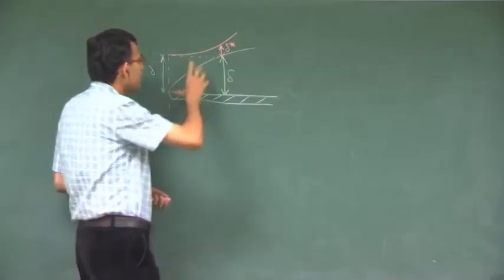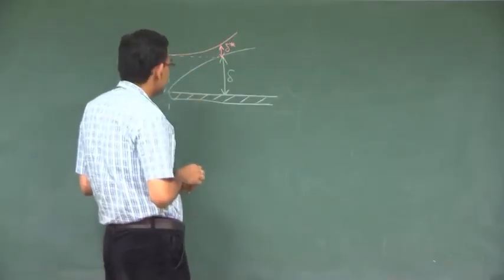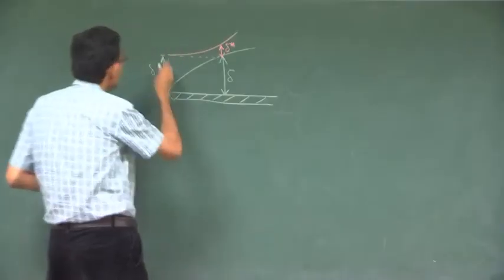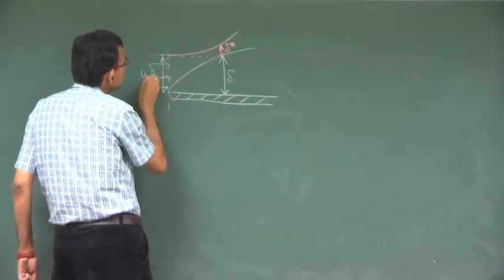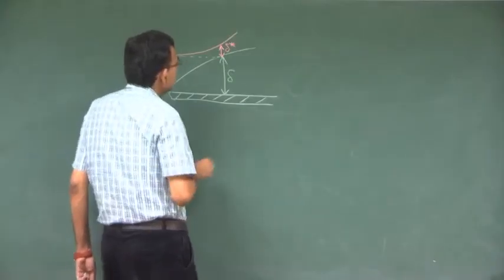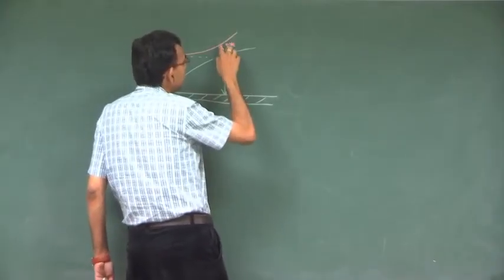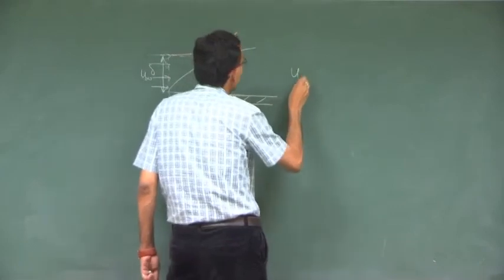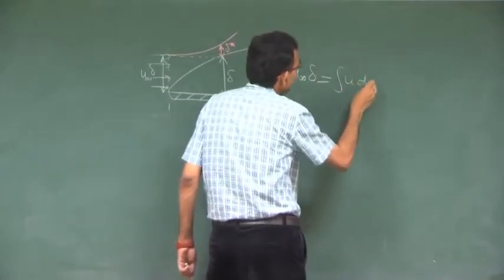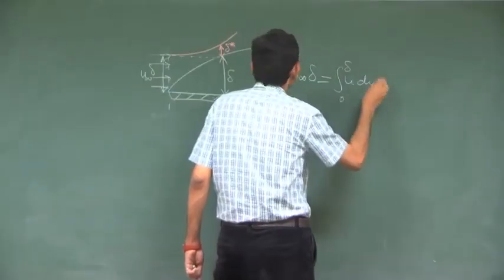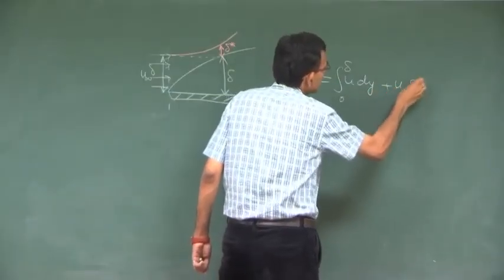So, the flow rate is conserved between these two sections. Remember, here the velocity is u infinity, and outside the boundary layer also the velocity is u infinity. So, u infinity delta is equal to the integral of u dy from 0 to delta plus u infinity delta star.